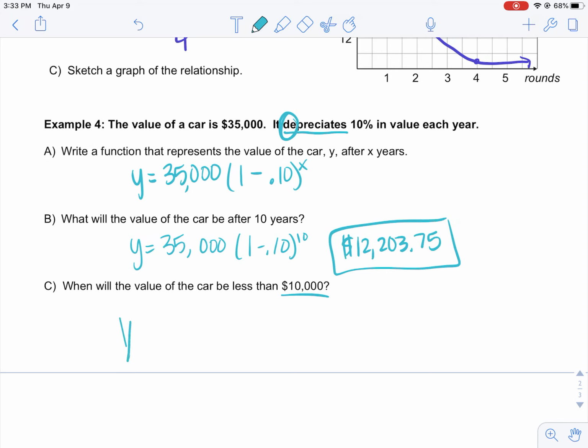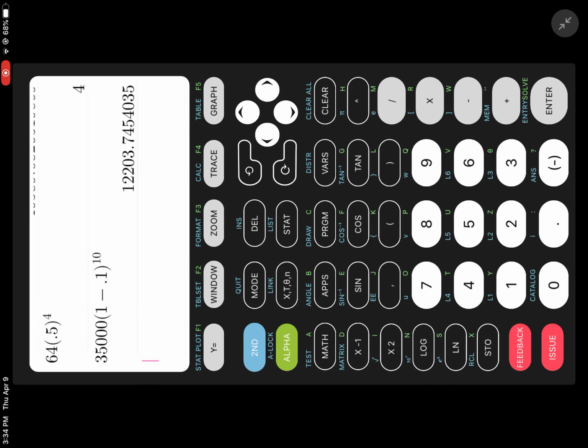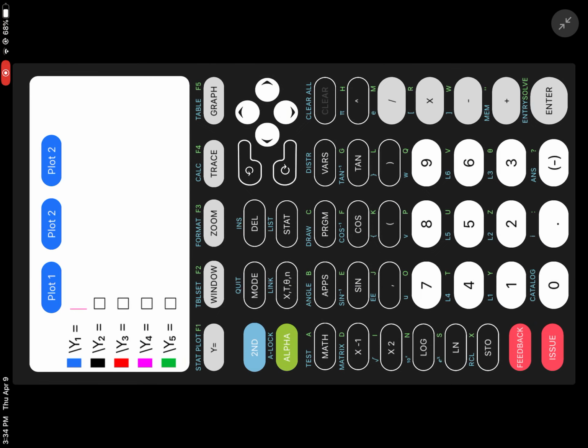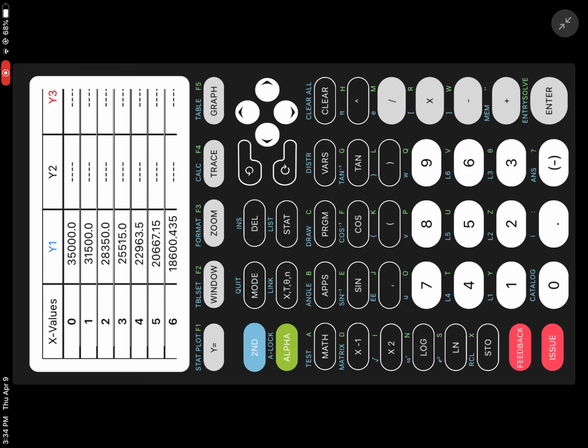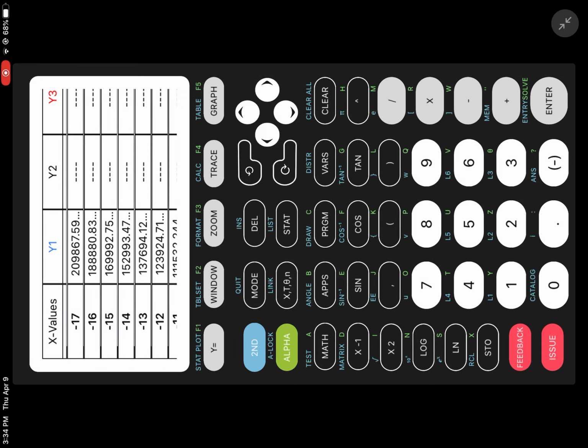And then when will the value be less than 10,000? So again, we're going to put that equation into y equals and search for this in the table. So in y equals, I'll just clear that, 35,000 times 1 minus 0.1 raised to the x, go to that table.